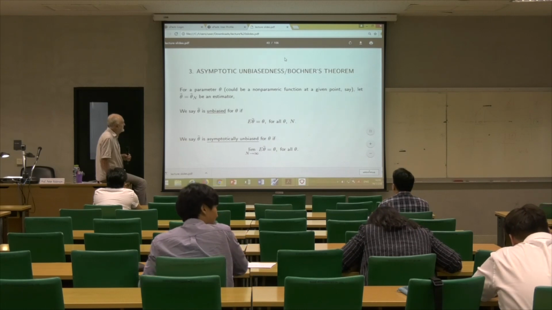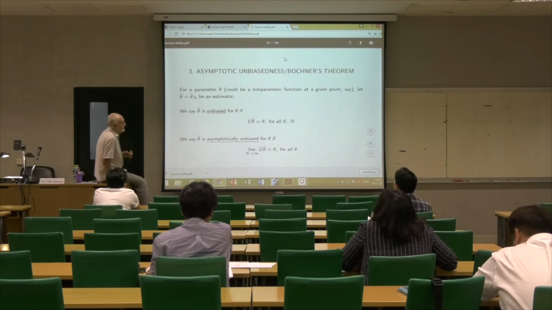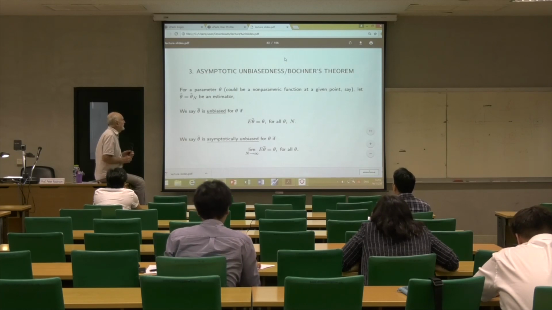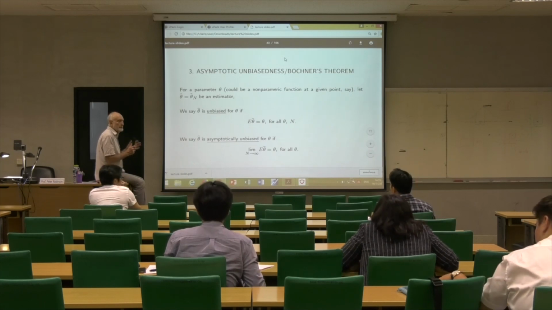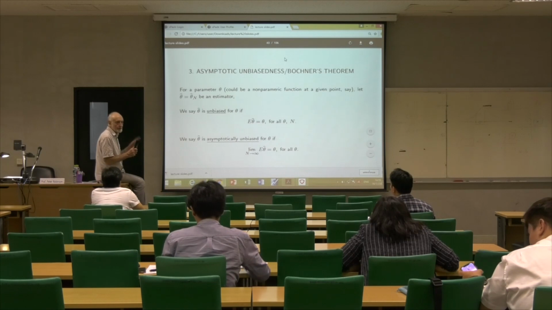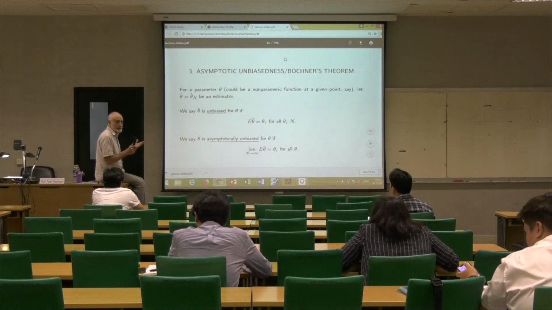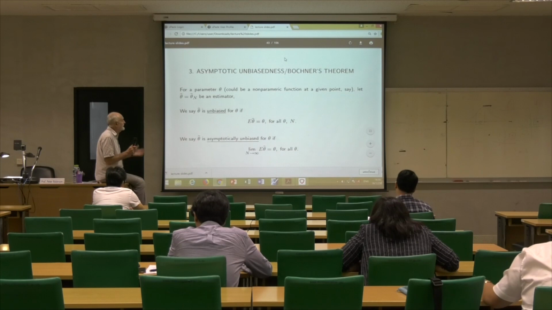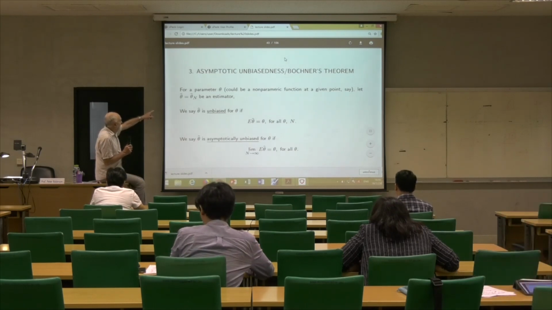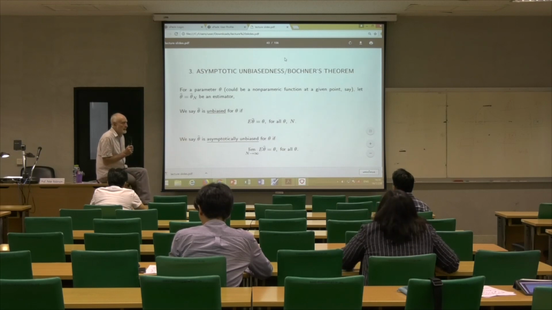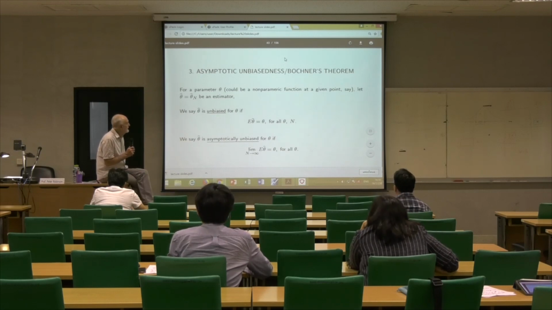If we think about a parameter, and I'm not necessarily talking about parametric estimation, because this so-called parameter could be what we've been talking about, estimating a function at a given point, just one point, let's say, like estimating f of x at some point x. Let's suppose we have an estimate, theta hat, which I write as theta n hat to stress the fact that it depends on n observations, all right?